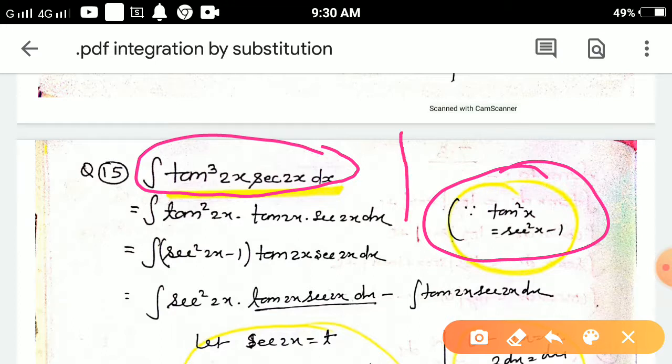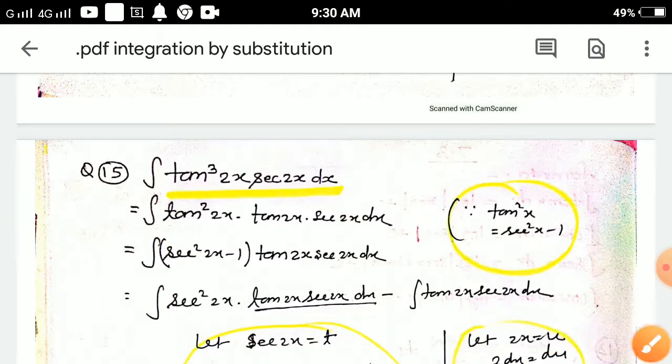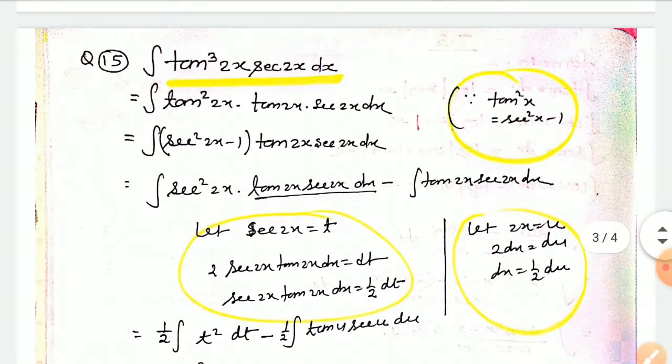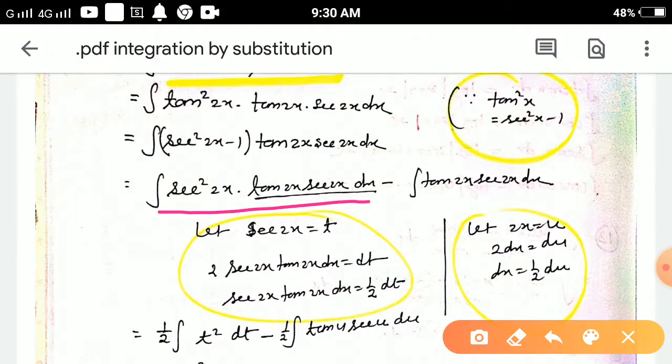In order to solve the first part, sec square 2x tan 2x sec 2x dx, we consider sec 2x is equal to t.